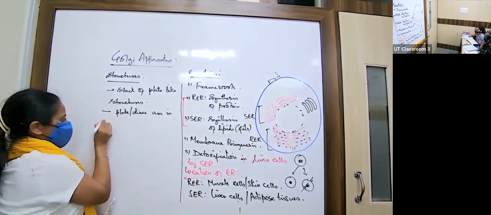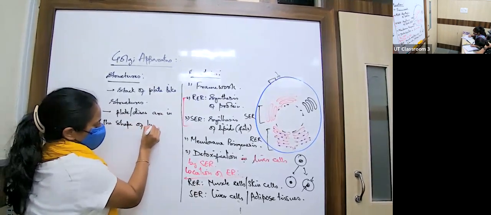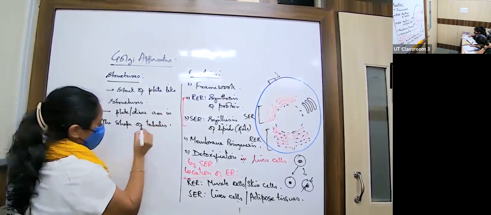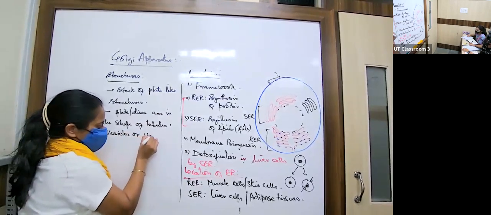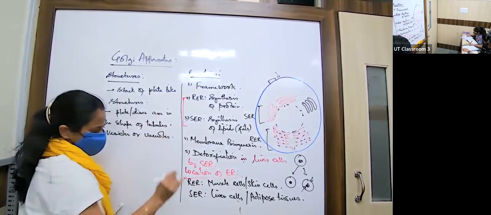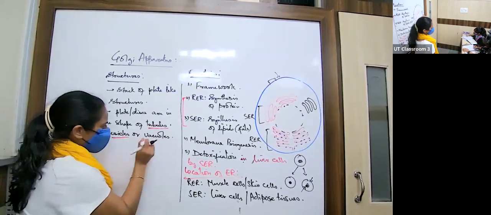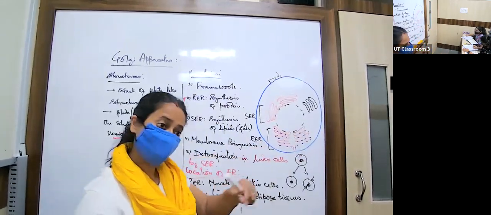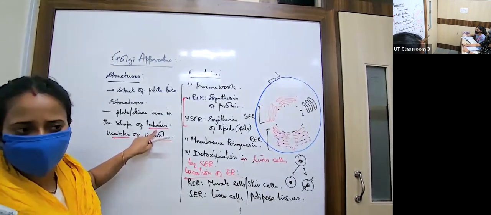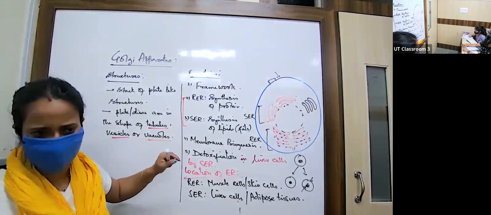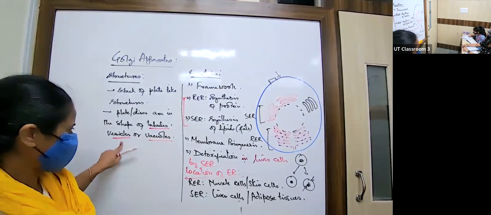Plates or discs are in the shape of tubules, vesicles, or vacuoles. That means this disc-like structure can also give rise to additional structures which may be tubular, or small secretion-filled packets, vesicles, or even bigger packets known as vacuoles.